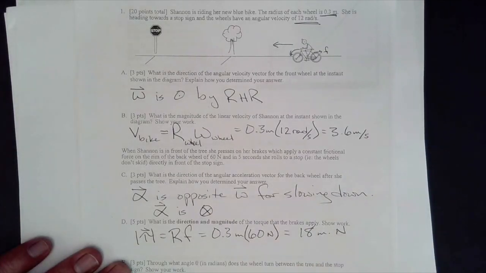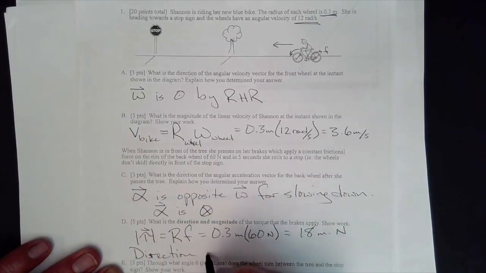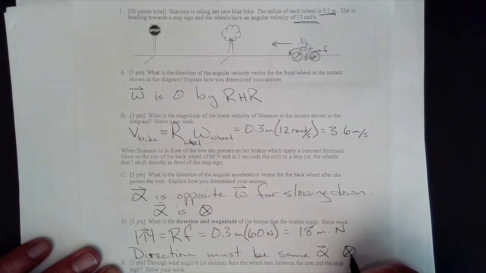And the direction we can get two different ways. The direction must be the same as the direction of alpha, which would be into the page.